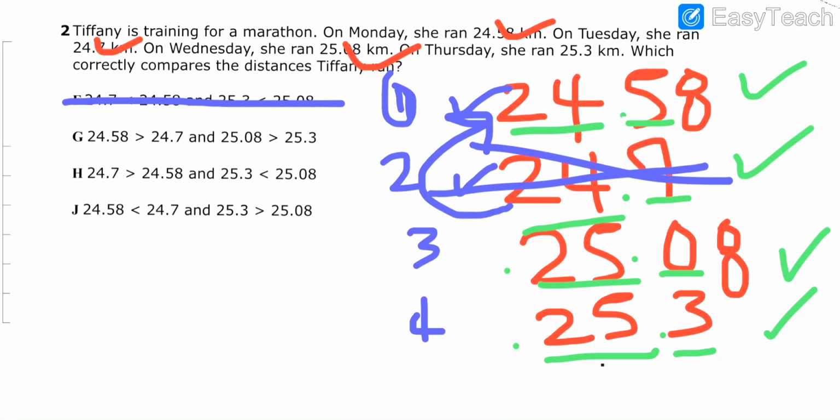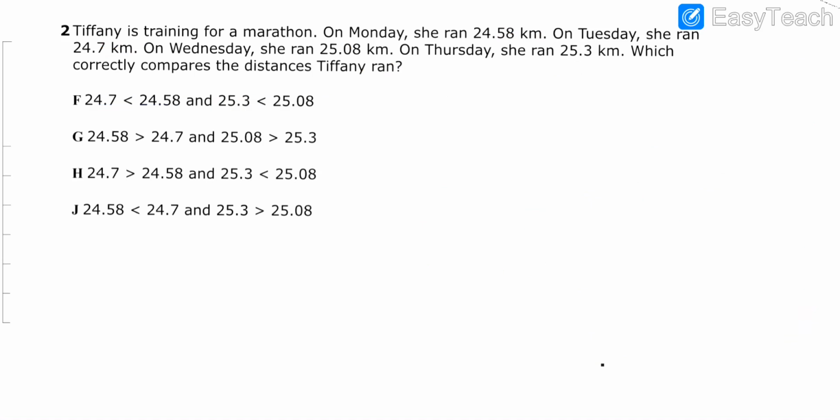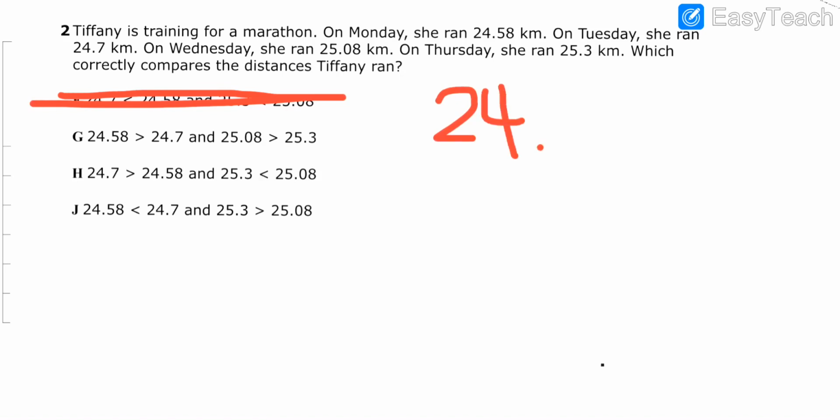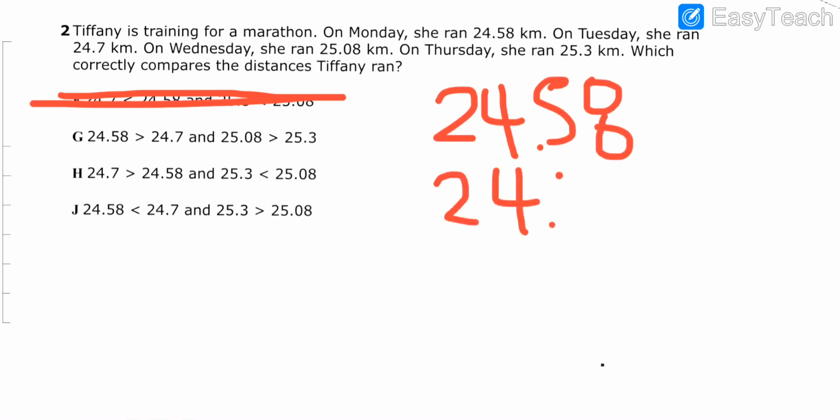All right, let me erase the ink again so that you can see this clearly. So we've already marked this one off. This statement for letter G says that 24.58 is greater than 24 and 7/10. So we compare these two numbers. 24 is the same, 5 and 7.